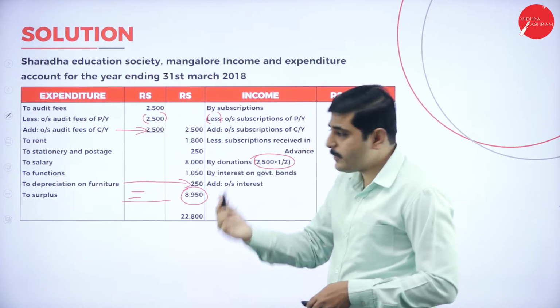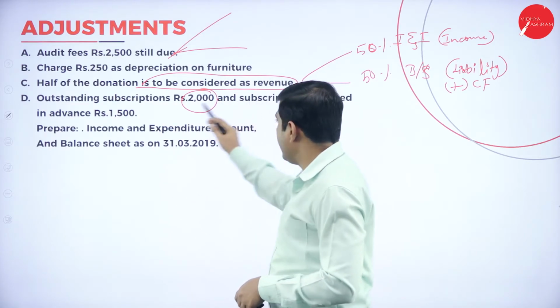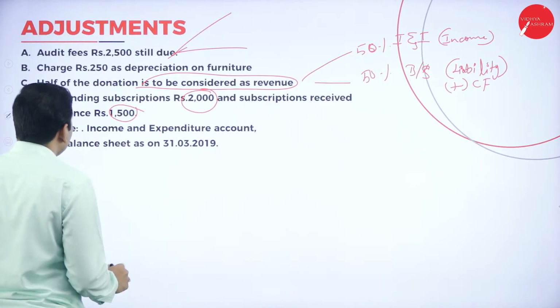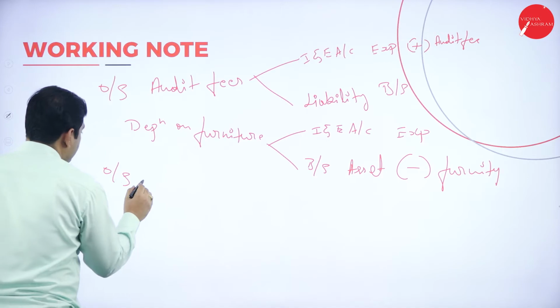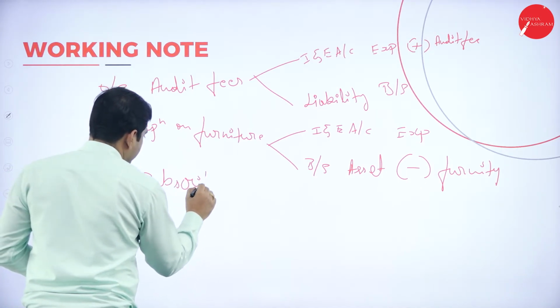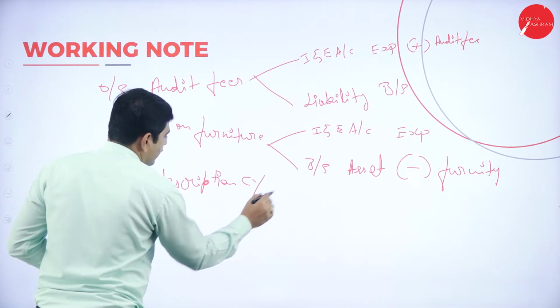Again, received subscription. Look at the adjustment: outstanding subscription, received in advance 1,500. I will write the adjustment. So look at the outstanding subscription of current year. Subscription of current year has a double effect.